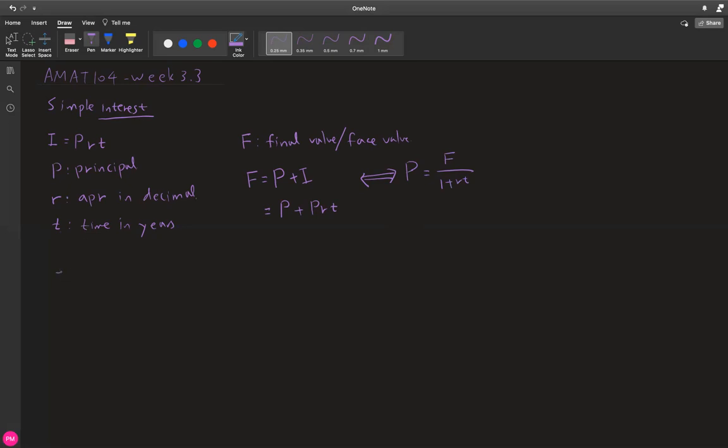So let's go over examples. Let's start with something that's very simple and straightforward.